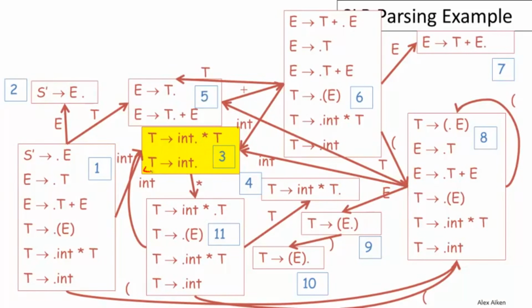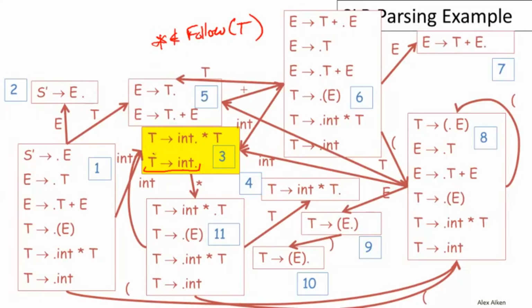Well, one possibility is to reduce by T goes to int. But again, we will only do that if the following input is in the follow of T. And times, which is the next input item, is not in the follow of T, so reducing here is not a possibility.